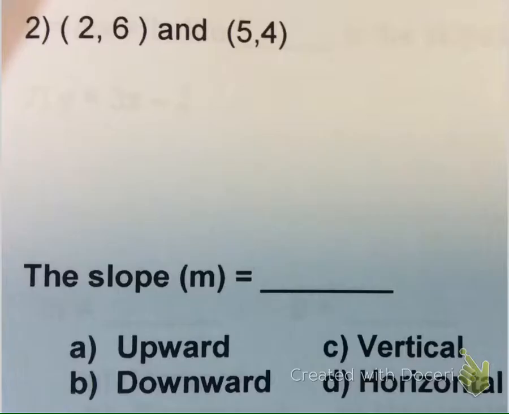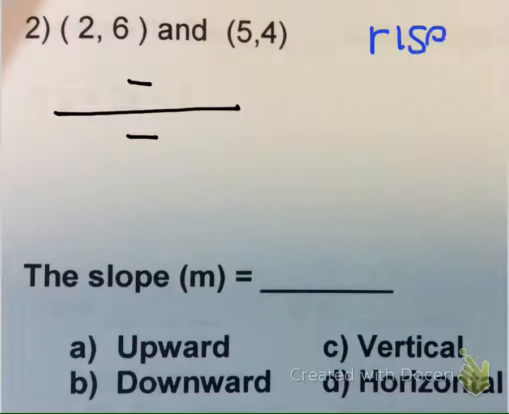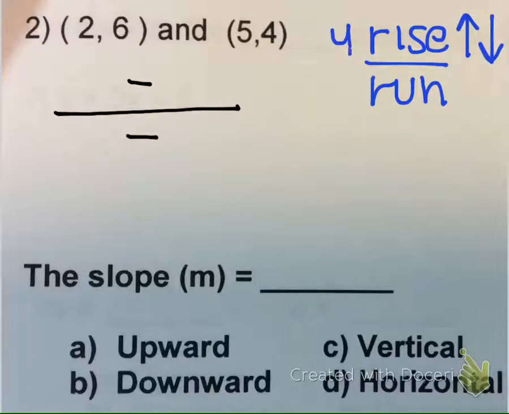So let's try another one out here. So we are asked to find the slope. So I'm going to do every single problem, same setup. I'm going to have that ready to go here. And then I'm going to remember, so I can memorize the formula. This will help me rise over run, because rise is how much you go up or down, and that is the y's, and the run is the x.